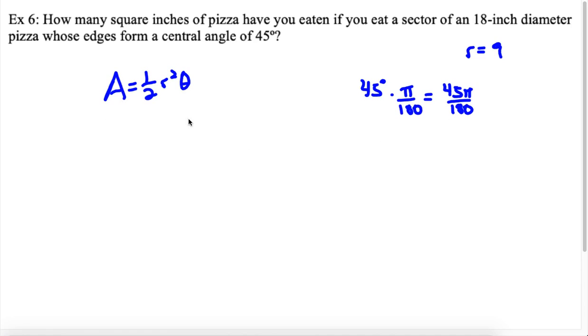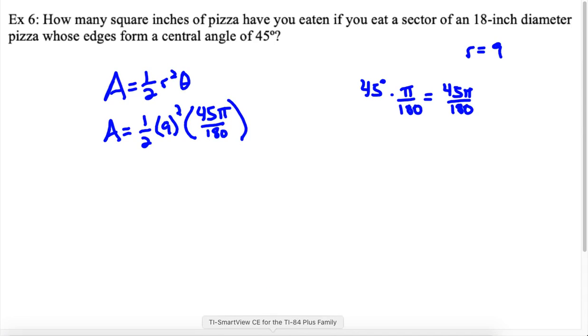But since we're just plugging that into a formula, I don't need to worry about reducing it here. So I can just say this is going to be 1/2 times 9 squared times 45 pi over 180. And I can plug that into my calculator.